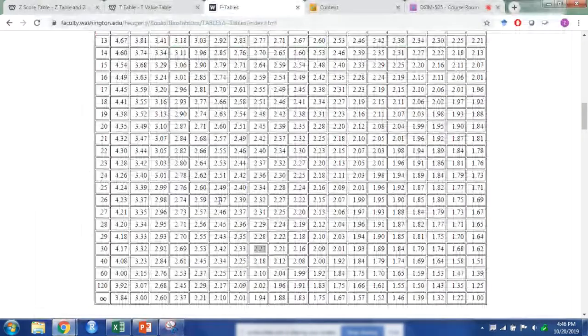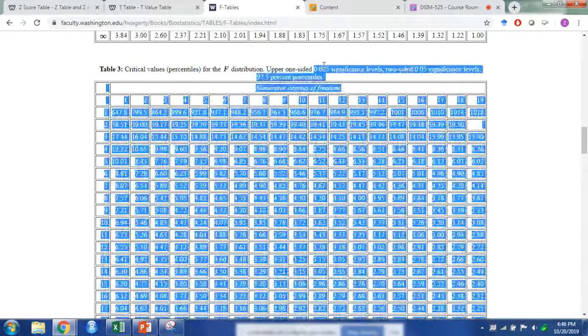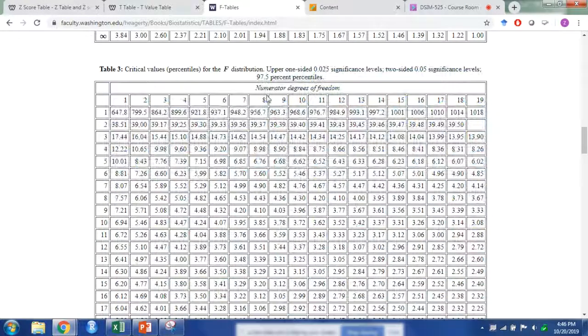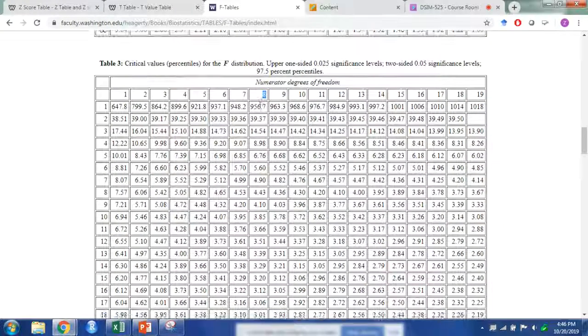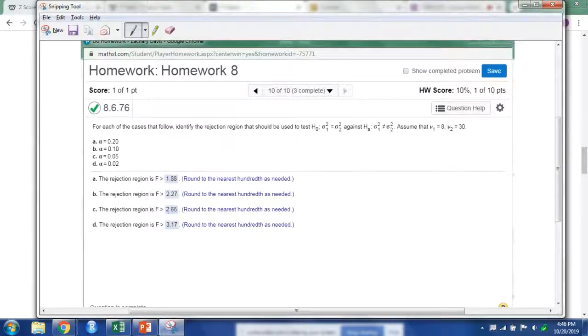For alpha equals 0.05, two-sided is 0.05, and for the one-sided or right-tailed it is 0.025, same idea. We go to numerator degrees of freedom of 8, we go down to 30, and 2.65 is the rejection region for that level of alpha.